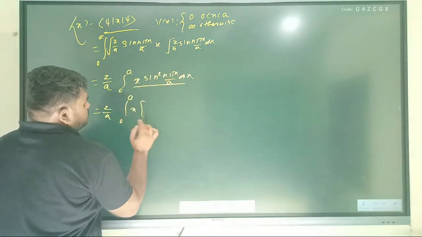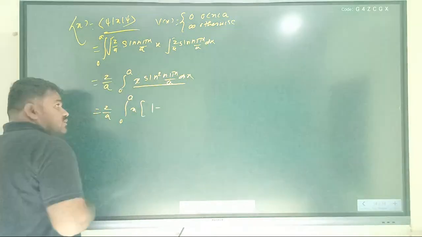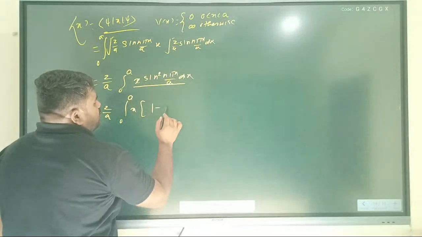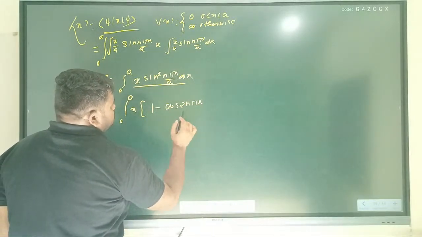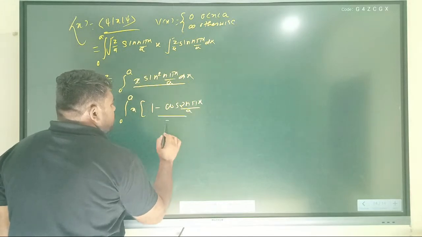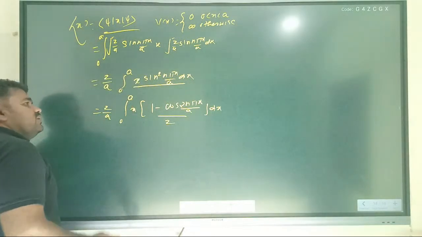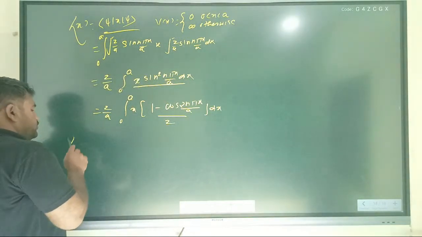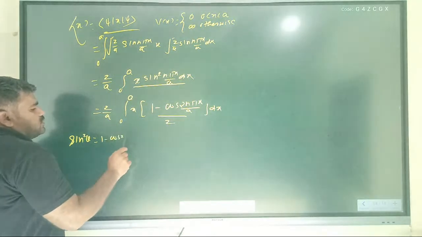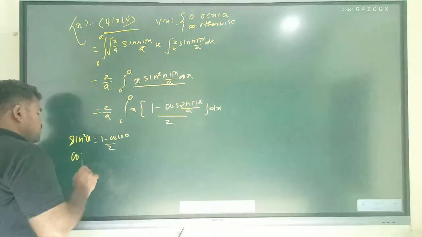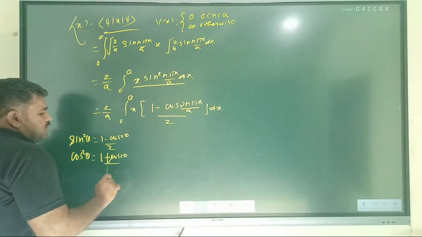Now 2 upon a into, how to solve this? See, 0 to a, x write down as it is, and what formula can we write for sin square? Sin square theta is equal to 1 minus cos 2 theta upon 2. Means we can write down 1 minus cos 2n pi x upon a, divided by 2 into dx. Clear? Does it make sense? Sin square theta is equal to 1 minus cos 2 theta upon 2. Always memorize sin square theta is equal to 1 minus cos 2 theta upon 2, and cos square theta is equal to how much? Cos square theta is equal to 1 plus cos 2 theta upon 2.